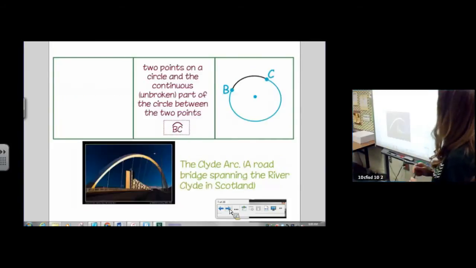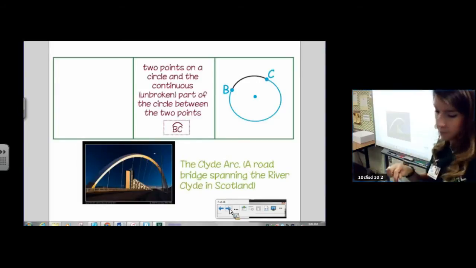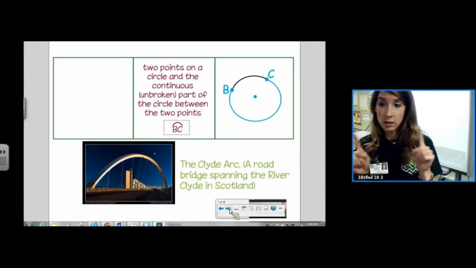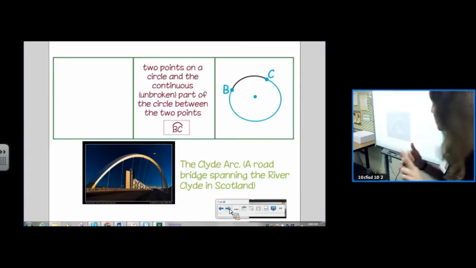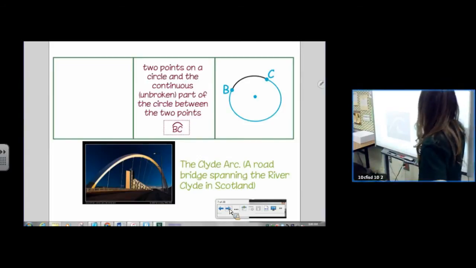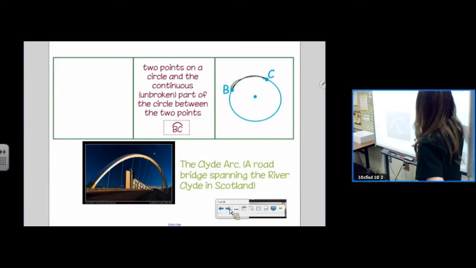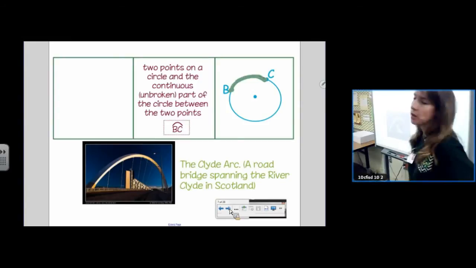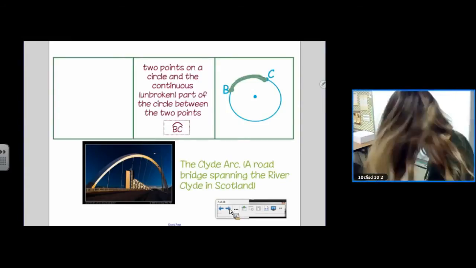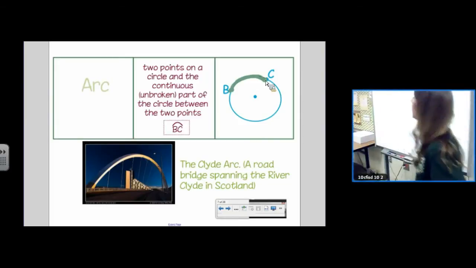Okay. Up next, two points on a circle and the continuous unbroken part of the circle between the two points. Two points on a circle and the continuous unbroken part of the circle between the points. Very good. That is called an arc.